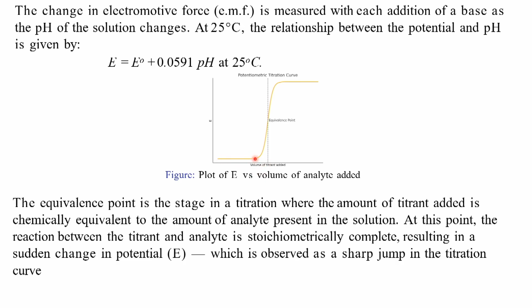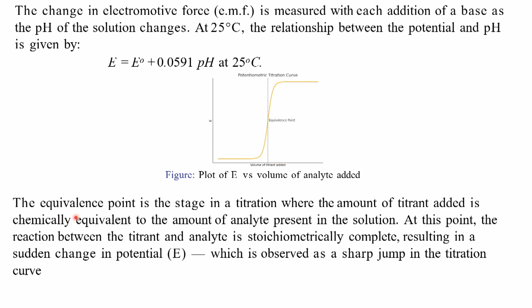As we keep adding titrant, the EMF does not increase much, but after this point there is a sharp increase in the EMF value, and then if we keep adding titrant, there is almost no change in the EMF value. If we draw a line through the middle here, this is the midpoint, and this is the equivalence point. Corresponding to the volume at the equivalence point, we can calculate the concentration or volume of titrant used.